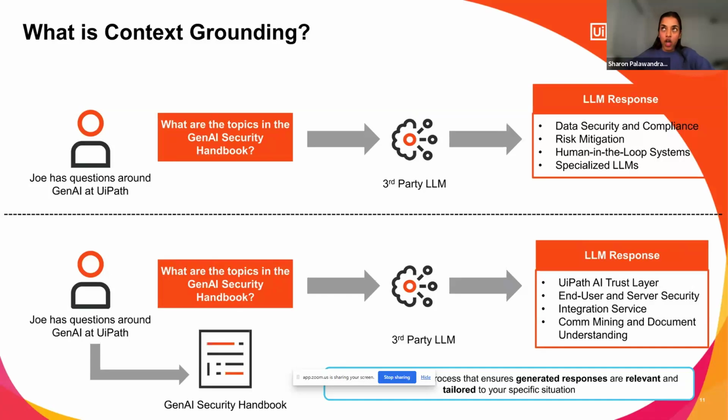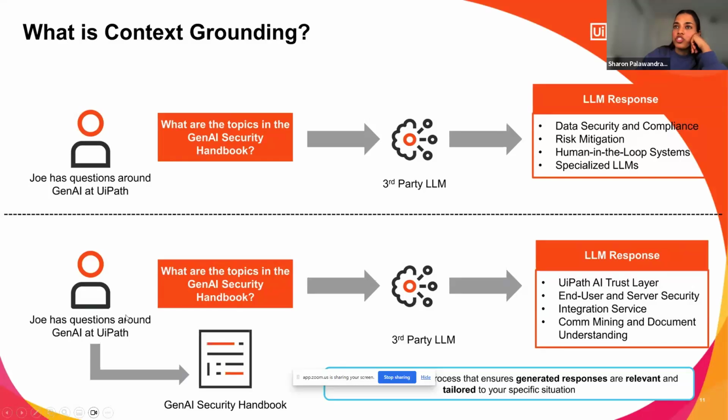So context grounding is the principle where we teach the model as we go. So you can see here, this is a UiPath slide, is that if we say Joe has questions around Gen AI at UiPath, right? It goes through the third-party LLM, and then it goes through these LLM responses.